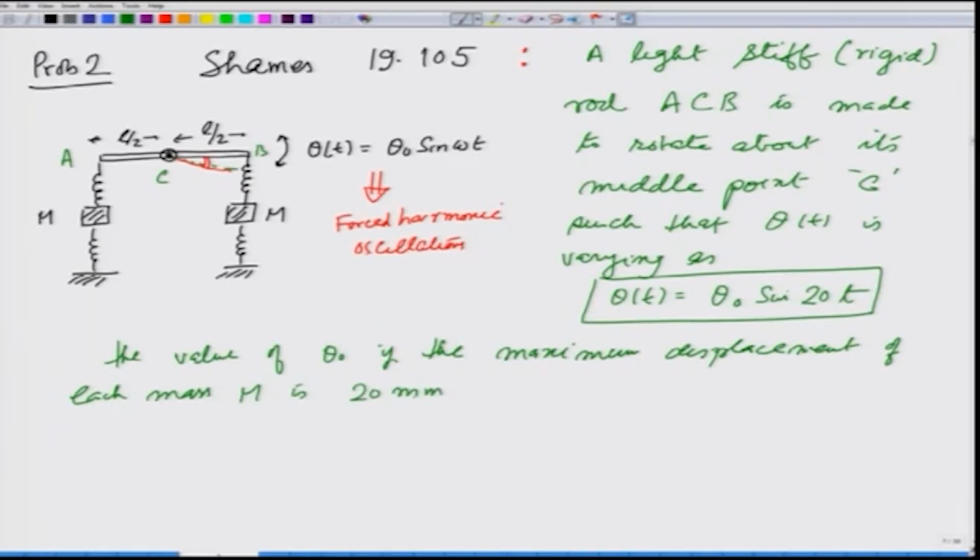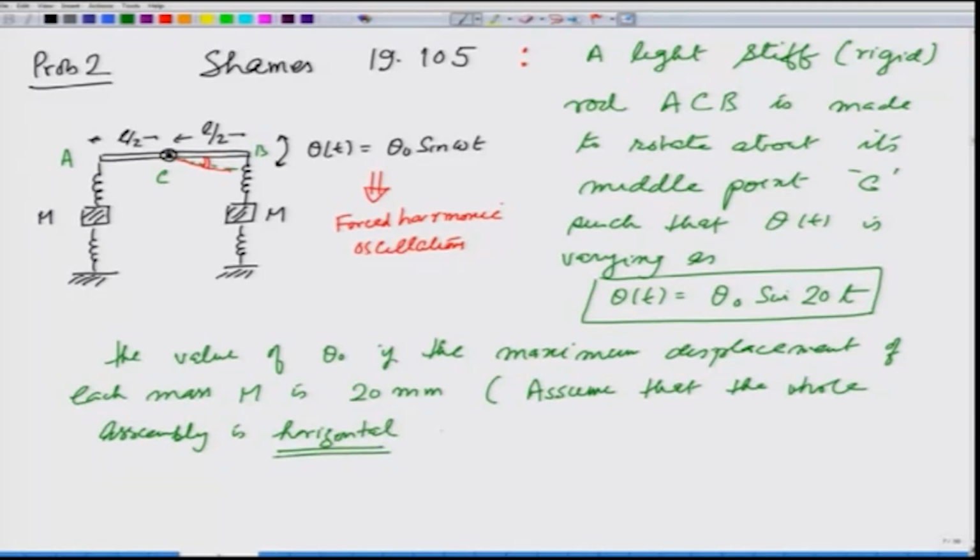Maximum displacement is going to be the amplitude, and let us assume, I will write it in the bracket, assume that the whole assembly is horizontal. So that there is no effect of gravity.